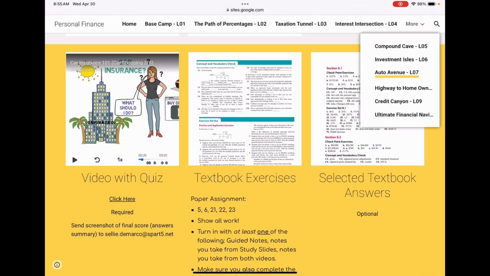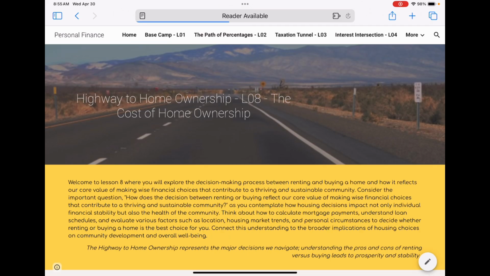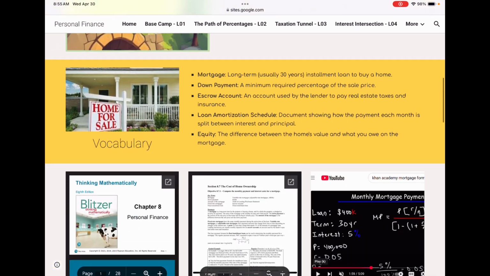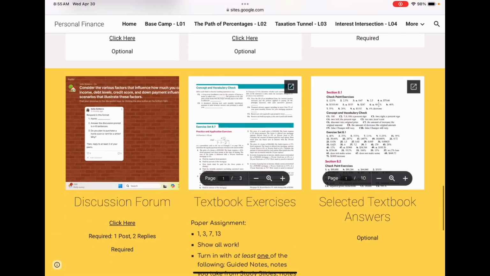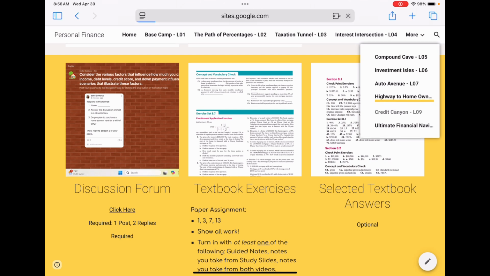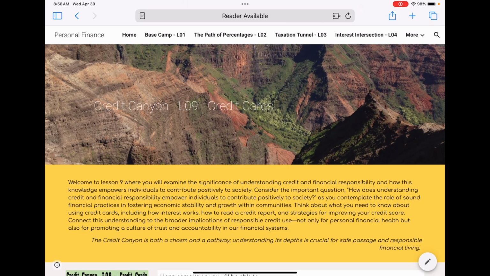Next is lesson 8, Highway to Home Ownership. This lesson also includes a discussion forum via Padlet. So there on the left is our discussion forum. And for lesson 9, we have Credit Canyon.